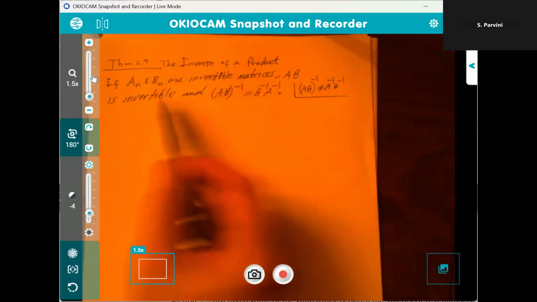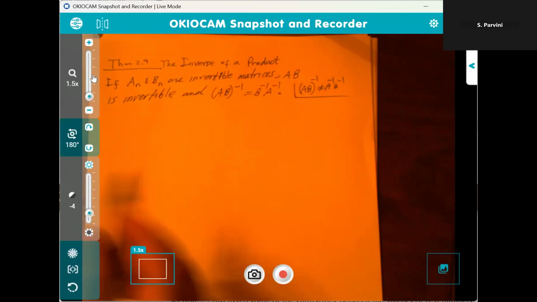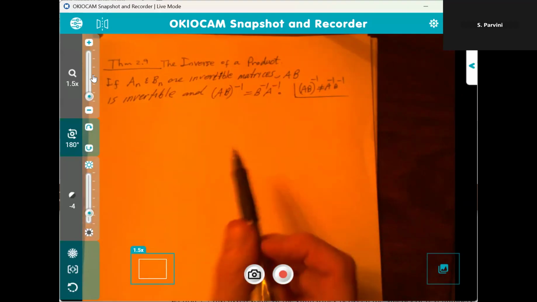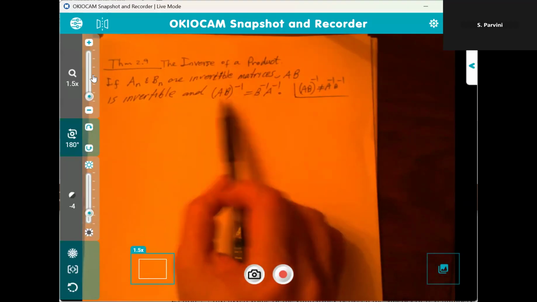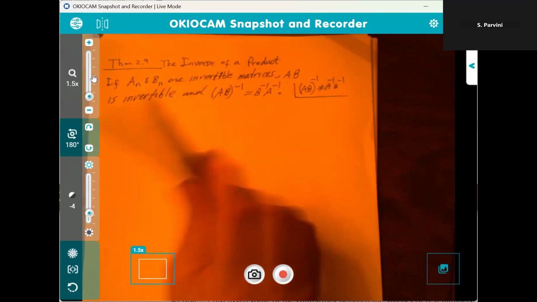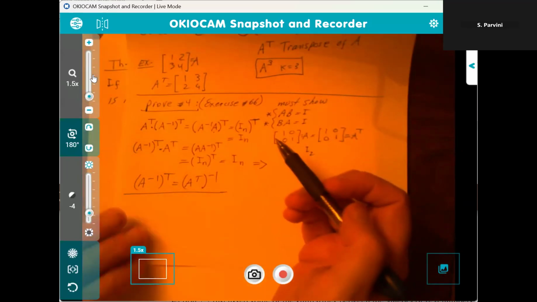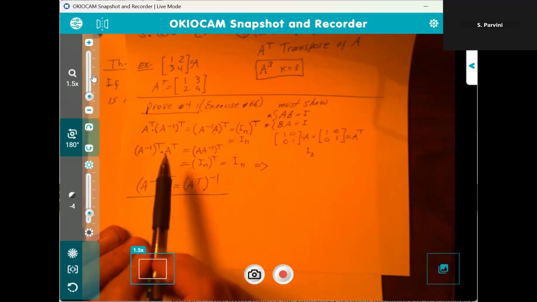That's why we have this theorem. And I'll prove this for you. The proof is interesting. It's not difficult, but we'll see the proof of this. It's kind of like the way the transpose works, remember? You see the order of transposition here?